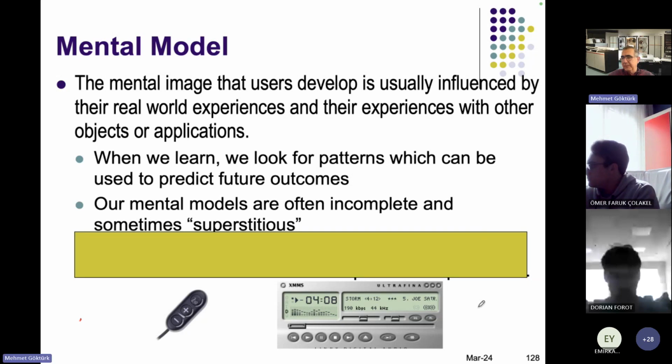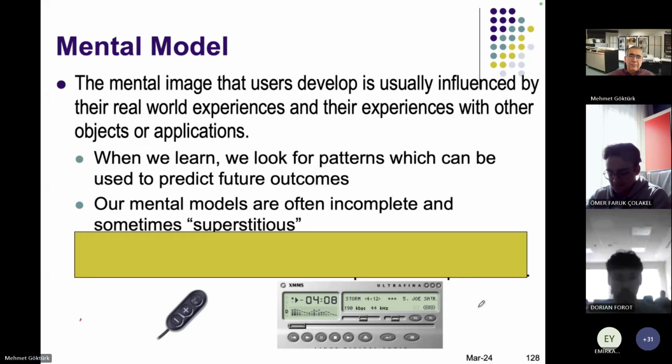The first interesting thing is the mental model. For example, my mental model says Ömer Faruk is listening to me because he is looking at me. A human mental model says if somebody is looking at you, he's probably listening to you.